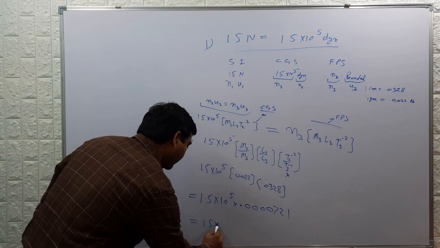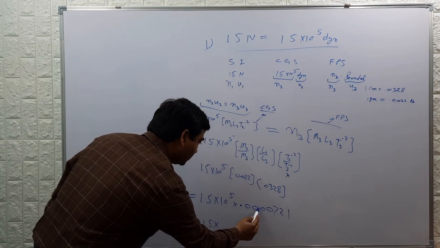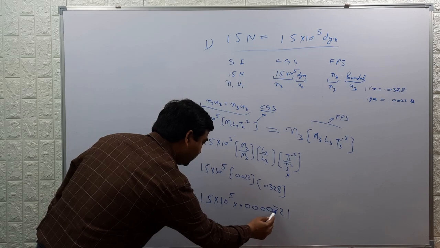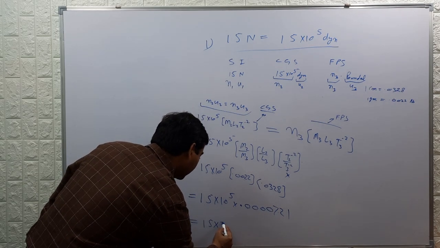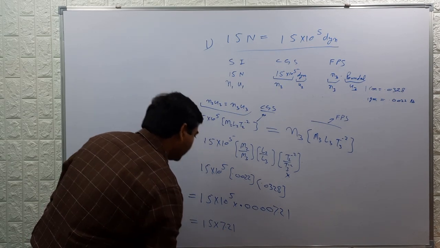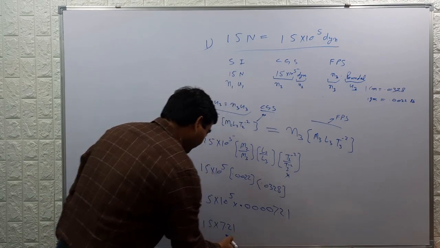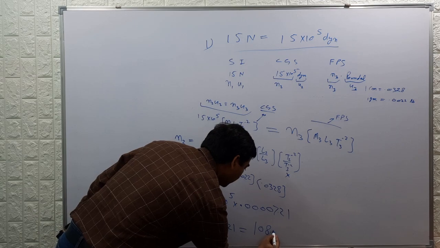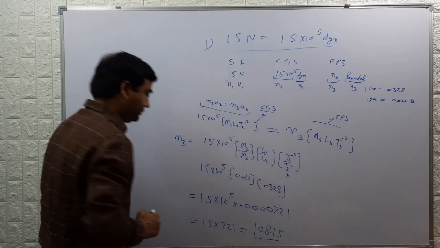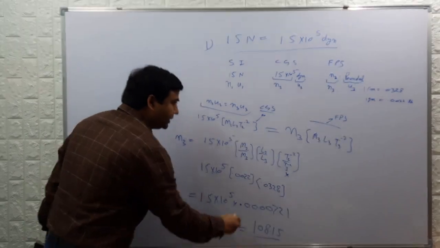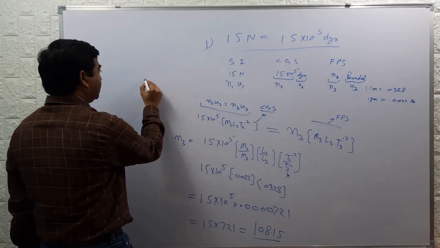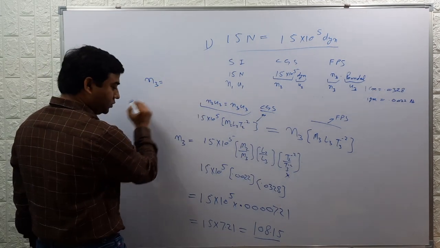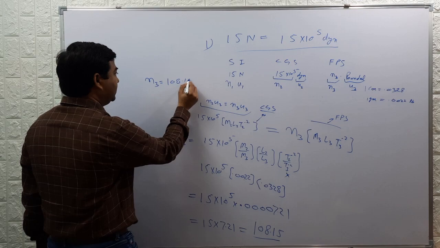So this can be written as 15 into 7.21, and this can be written as 108.15. So we can say N3 is equal to 108.15.